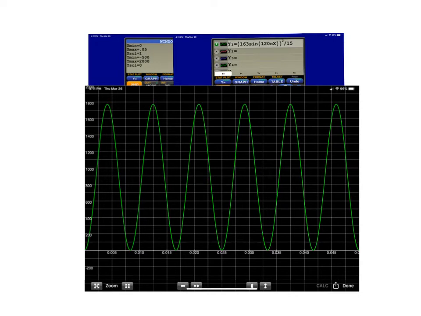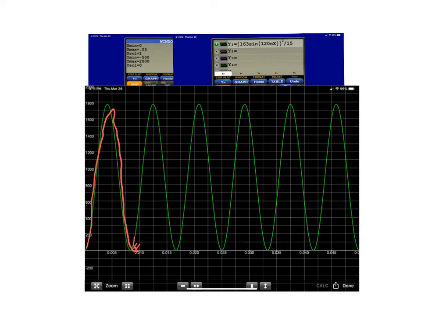So by looking at the graph, he wanted to know how many oscillations. Well, look at it. It starts here. Starts, goes up, and look what it appears to be doing.